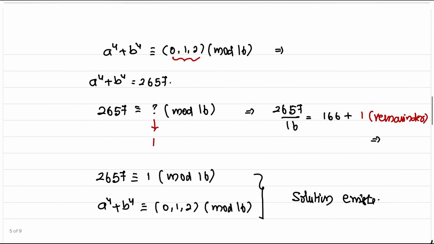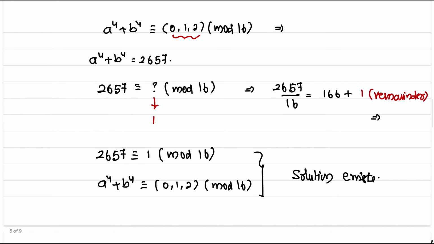Now, that means we have established that there will be a solution that exists for a to the power of 4 plus b to the power of 4 is equal to 2657. From both Fermat's theorem and also from the sum of squares, that is a square plus b square, a to the power of n plus b to the power of n is equal to c to the power of n is not valid if n is greater than 2.